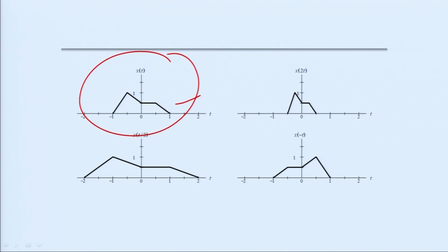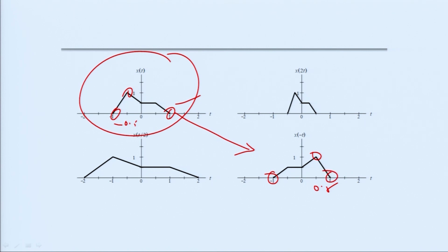See, this is the time reversal. Earlier the tip, the highest value, was at t equal to minus 0.5, now it will come to plus 0.5. Again this tip was at minus 1, now it has come to 1.